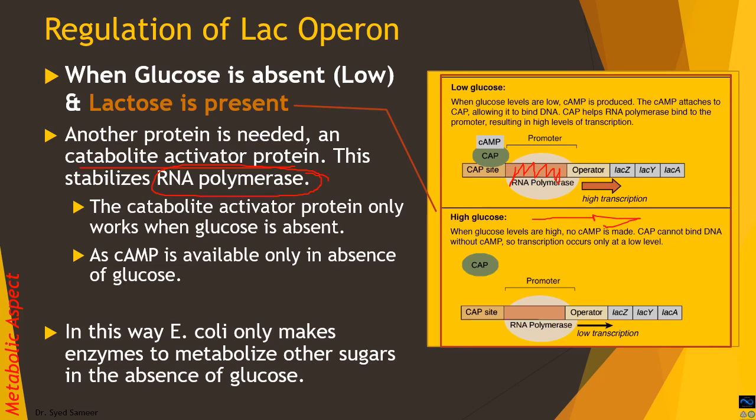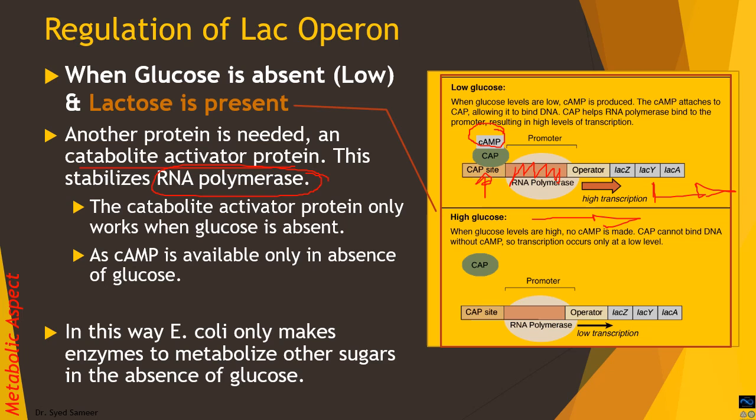When there is low glucose, there is a high cAMP concentration. This cAMP in turn causes the CAP proteins to be dimerized and activated, which in turn will bind to the CAP site ahead of the promoter of the RNA polymerase, which will introduce a kink and enable the RNA polymerase to go through high transcription of the structural genes.